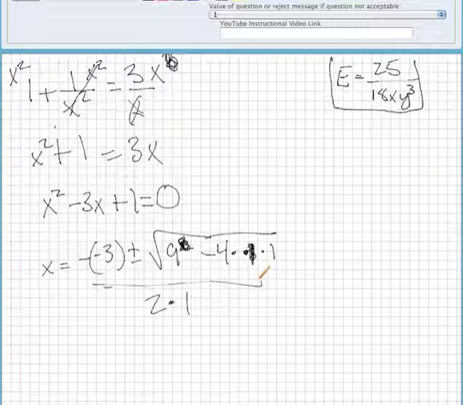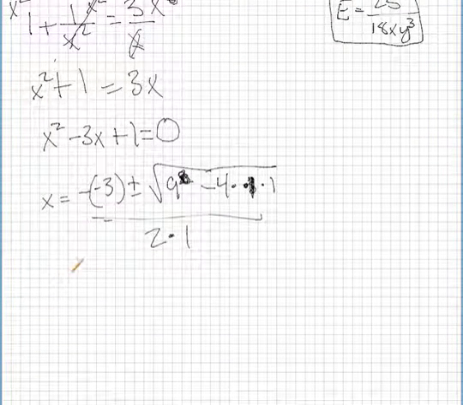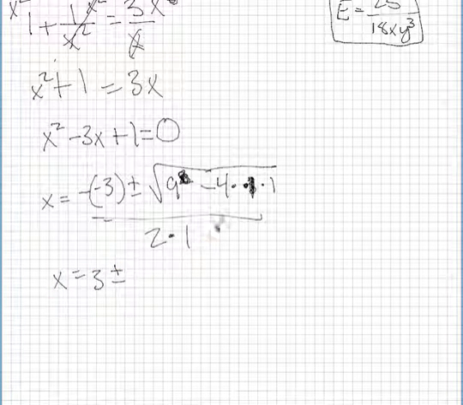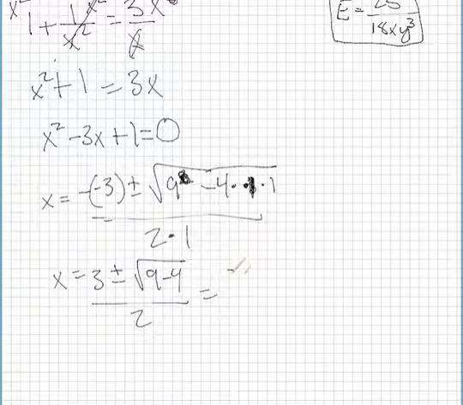Positive 1 times positive 1. So if we evaluate this, what we get is x equals 3 plus or minus the square root of 9 minus 4 over 2, which equals 3 plus the square root of 5 over 2, and 3 minus the square root of 5 over 2.